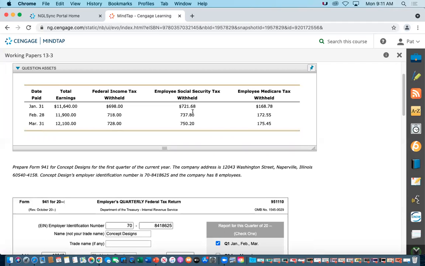So 721.68 times 2, you get 1,443.36. You then need to take the Social Security that you're holding out for employee, 168.78 times 2, and you get 337.56.